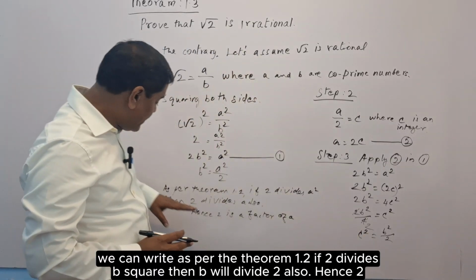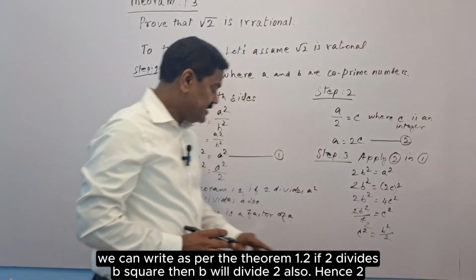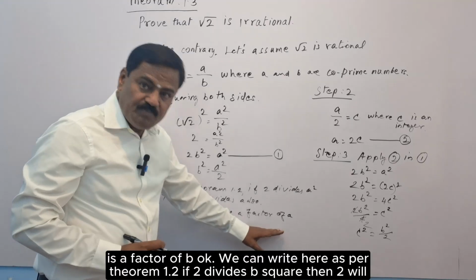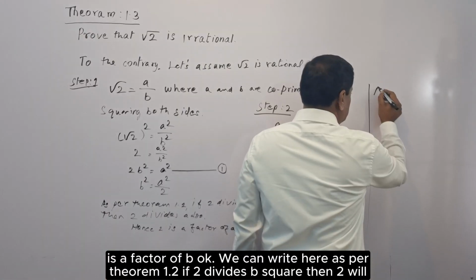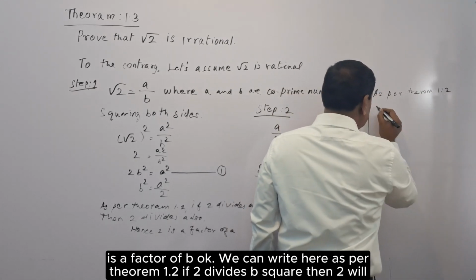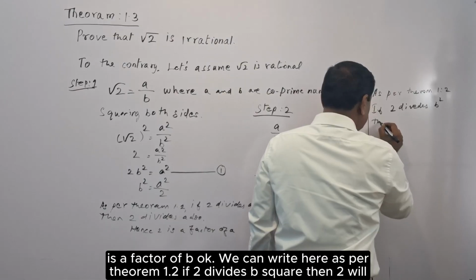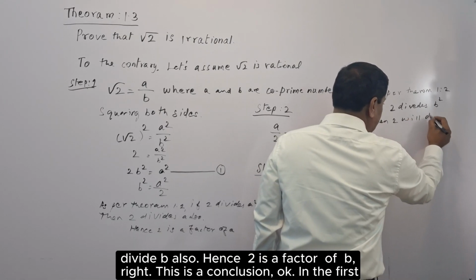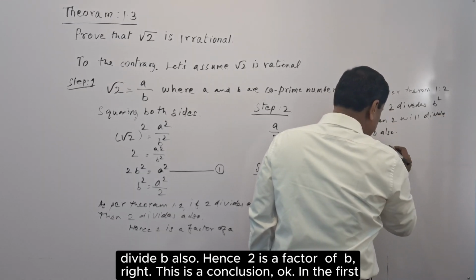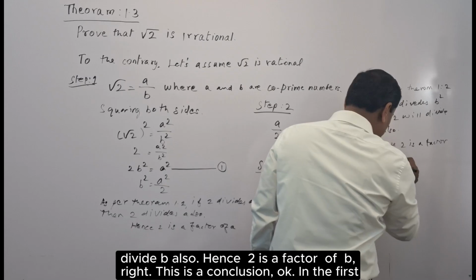So as per theorem 1.2, if 2 divides b², then 2 will divide b also. Hence 2 is a factor of b, right?